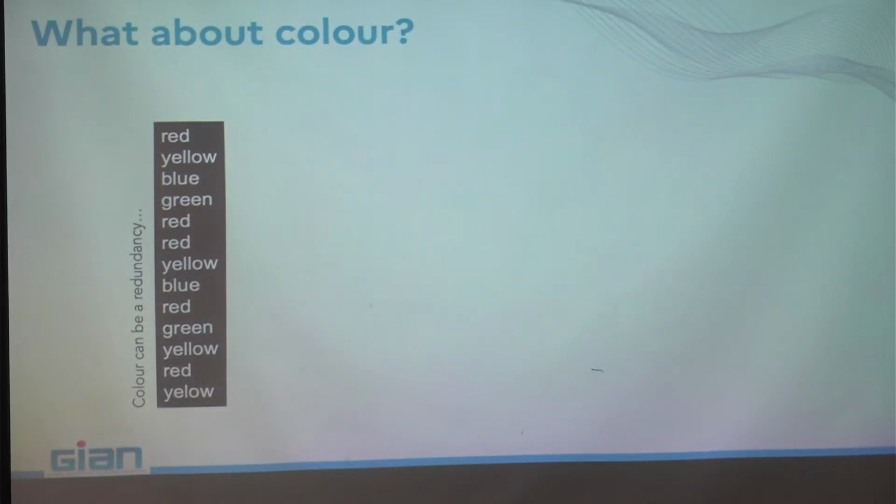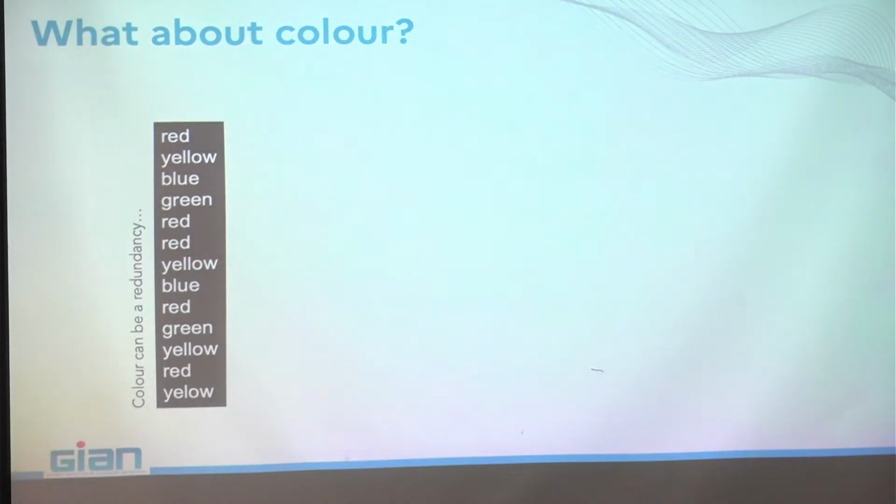Well, what about color? Now, I don't make the experiment here. If I take one by one and I tell you to read that sequence, and I take the time, you will say red, yellow, blue, green, red, red, yellow, blue, red, green, yellow, red, yellow. Less than 1 second. If I show you now that one, and I ask you to repeat the same sequence, red, yellow, blue, green, etc., the fact that I added the color, I add redundancy.